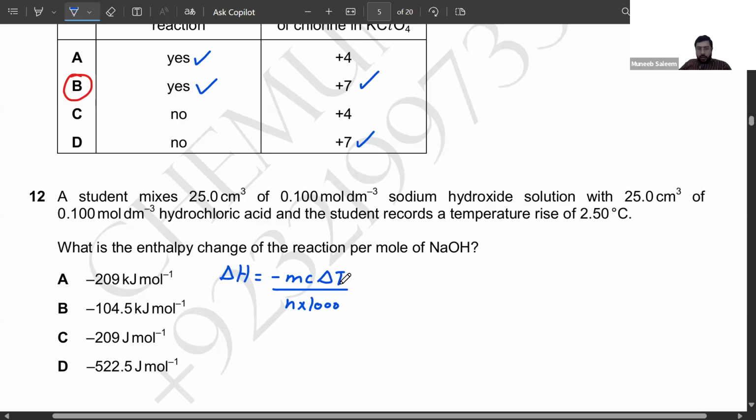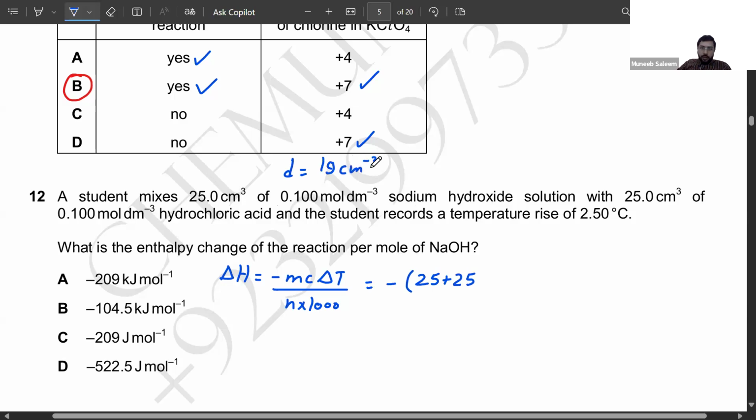Now here, the M is basically the volume. So the volume is 25 cm³ of HCl and 25 cm³ of NaOH, so 25 plus 25. This M basically represents the mass of water, which has a density of 1 gram per cm³.